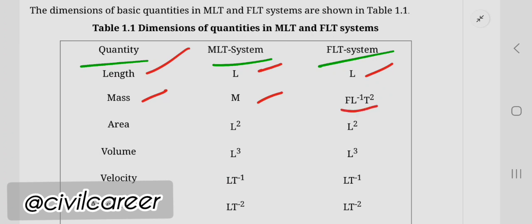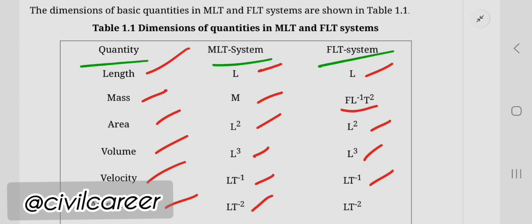Area: L square, L square. Volume: L cube, L cube. Velocity: L T raised to minus 1, L T raised to minus 1. Acceleration: L T raised to minus 2, L T raised to minus 2.